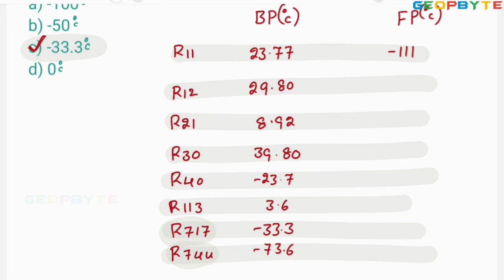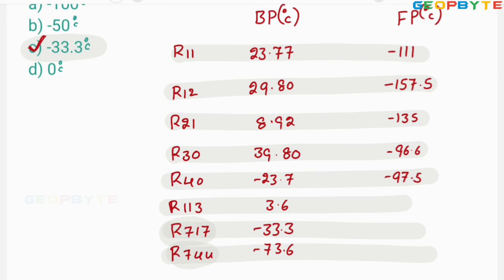For R12, freezing point is minus 157.5 degrees centigrade. For R21, minus 135 degrees centigrade. For R30, it is minus 96.6 degrees centigrade. For R40, it is minus 97.5 degrees centigrade.